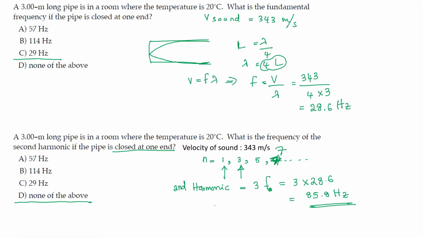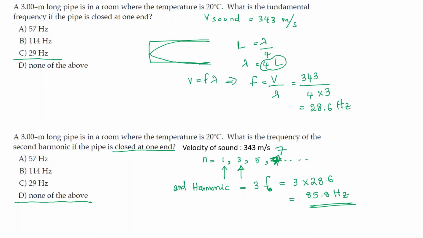That means it is not there, so your answer is D. You can see that this is different from the string. If it was the string, we would have just multiplied by 2. But since this is the pipe, we know it varies in odd numbers.